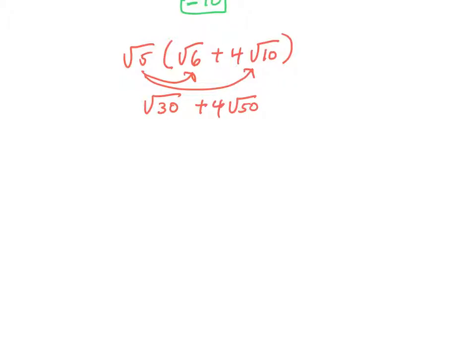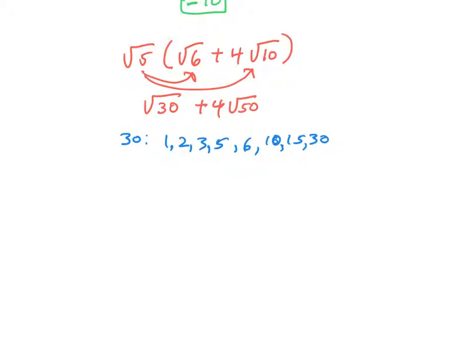So think of factors of 30: 1 and 30, 2 and 15, still no perfect squares, 3 and 10, and 5 and 6. Okay, so there's no perfect squares inside of 30, so we're going to leave it alone.